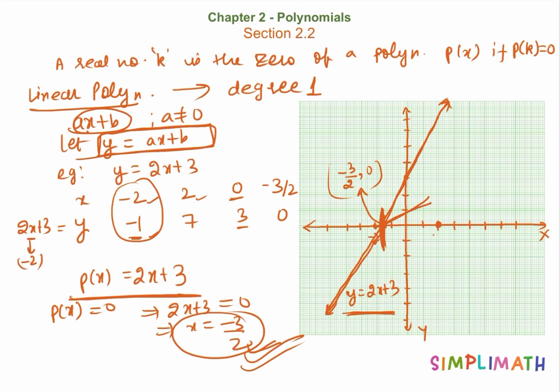We have seen that the zero of the polynomial p of x equals 2x plus 3 is the same as the x-coordinate where the graph of y equals 2x plus 3 meets the x-axis. So here we have only one zero.